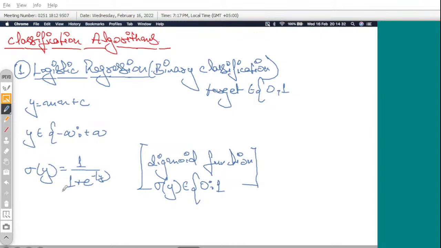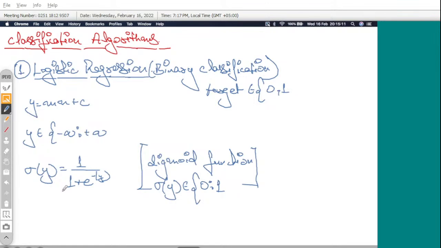Okay, so we understood that y equals mx plus c, y is going to have values between minus infinity to plus infinity. The target variable is either 0 or 1. We cannot carry out the insight from minus infinity to plus infinity between 0 and 1, like either it's 0 or 1.